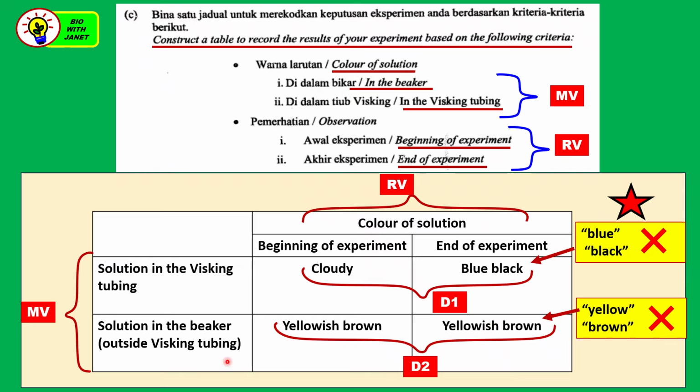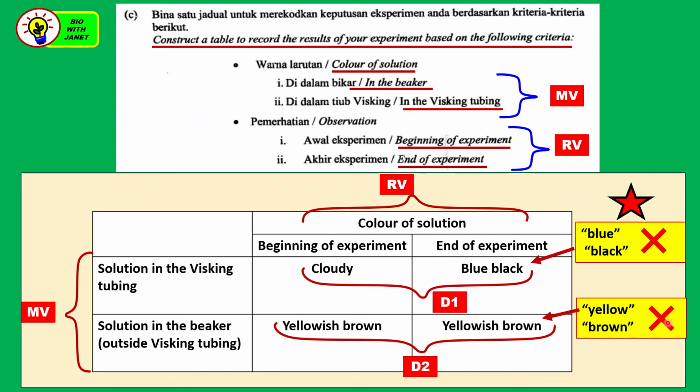Secondly, for the solution in the beaker, which is the iodine solution, at the beginning it is yellowish brown. Again, this is a standard term used by most marking schemes. So yellowish brown, and at the end it's still yellowish brown. If you write just yellow or just brown, it's considered wrong.